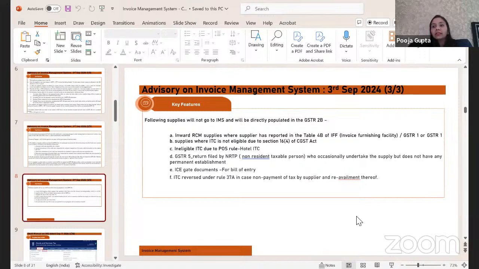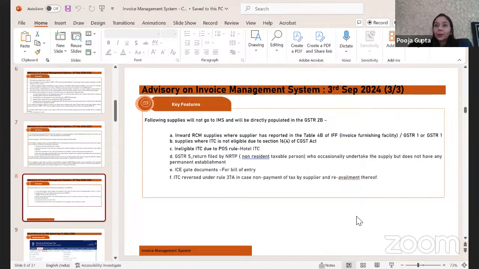We can re-avail this input during my lifetime. There is no time limit prescribed for re-availment of that input once I make the payment to the supplier. Whenever I make the payment, I am eligible to reclaim that input which I already reversed on account of non-payment to the supplier within 180 days.